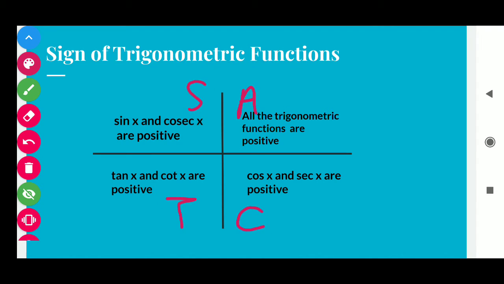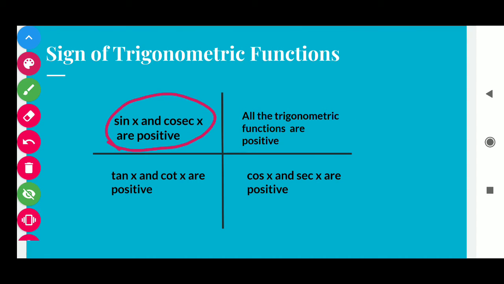This is the formula. A stands for all the trigonometric functions being positive. This is the first quadrant, and in the first quadrant all the trigonometric functions give a positive result. And in the second quadrant it stands for S, and S stands for sin x. The sin x function is positive and its reciprocal function is cosecant x.